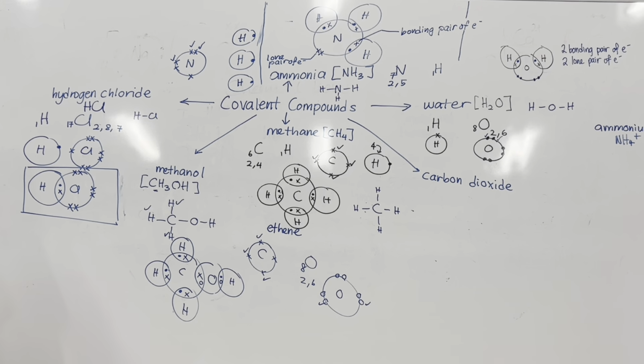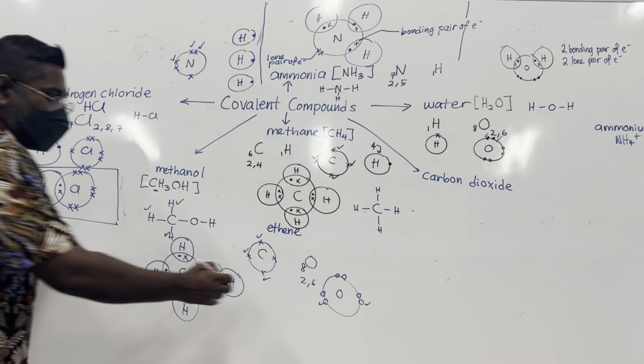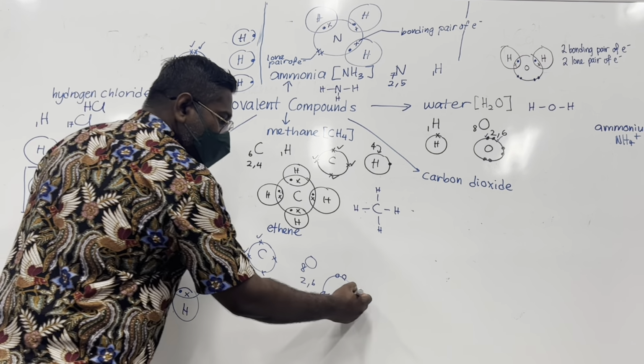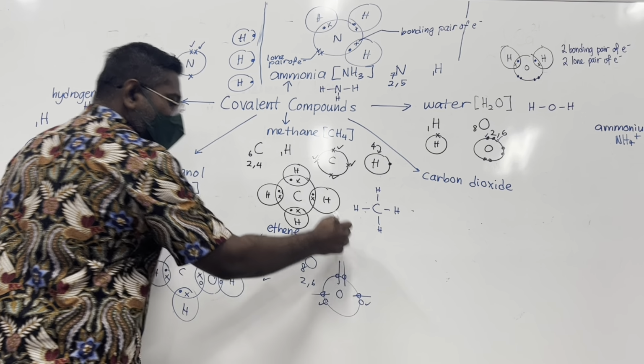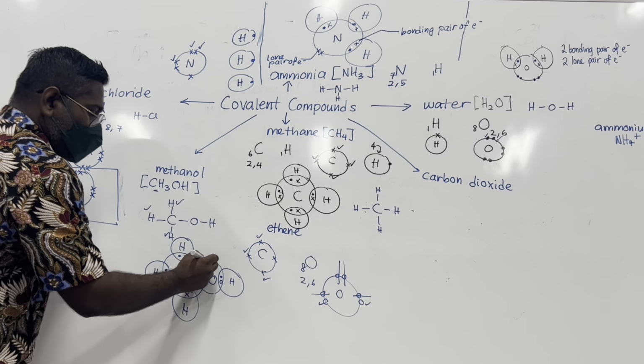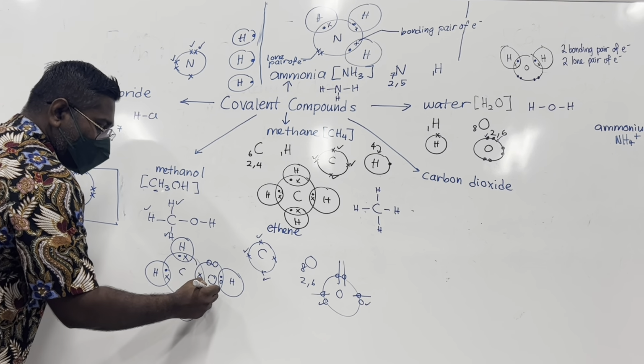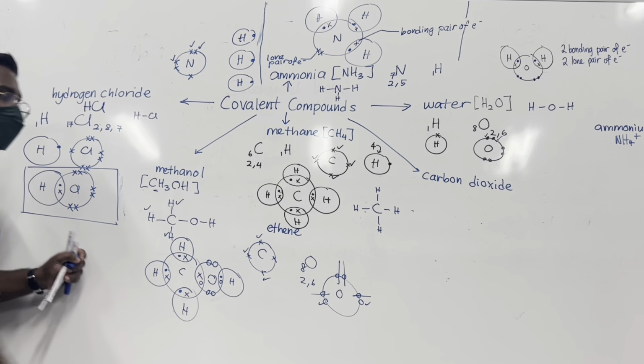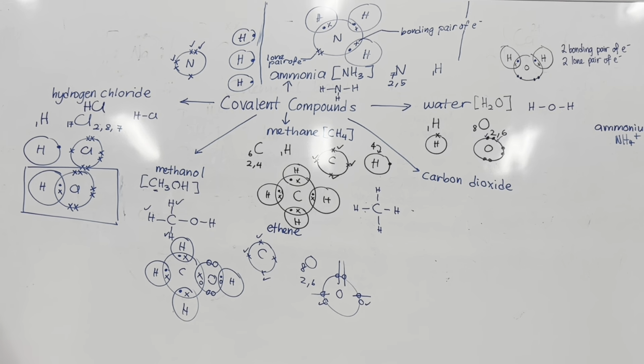Now from here what you can see is there are 1, 2, 3, and 4 electrons that are not bonded. This is methanol. Maybe a little bit complex, but however, this is how it looks.